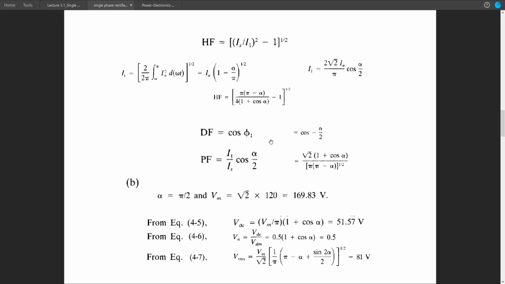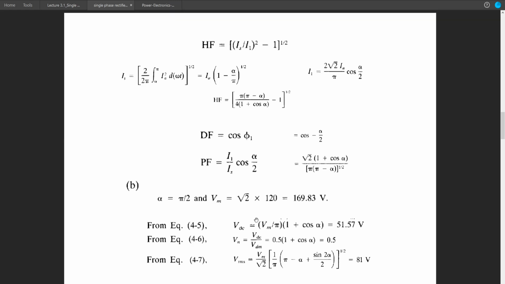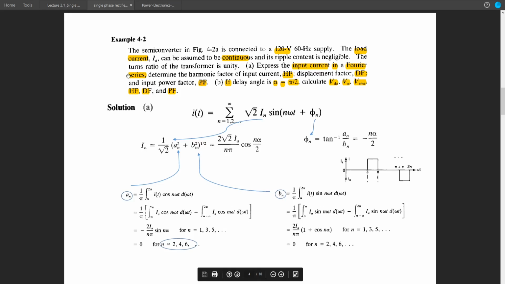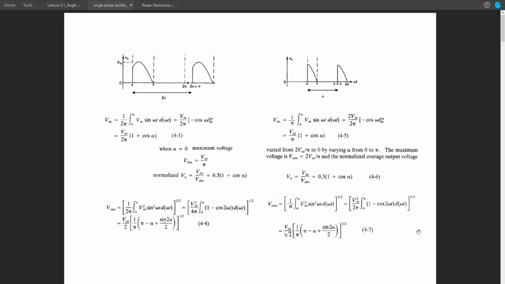So if we put these values in this formula, we will get something like this. Again, for displacement factor, this is the equation, and this is the equation for power factor. If alpha equals pi by 2 and Vm equals root 2 times RMS voltage, we can get VDC and VRMS from equations 4-5 to 4-7 that we have derived earlier.